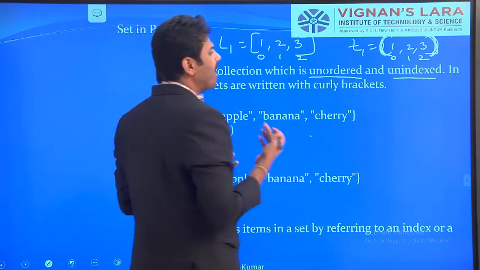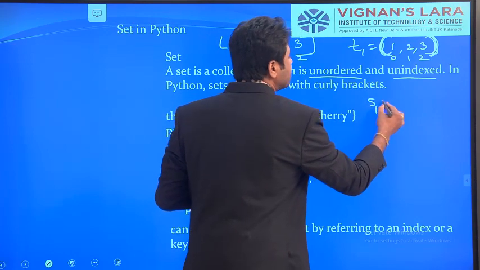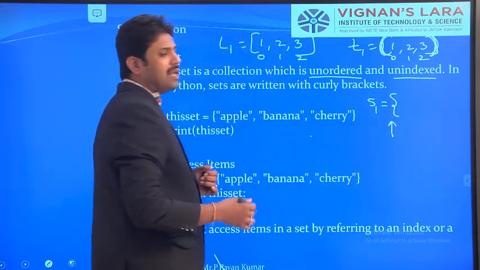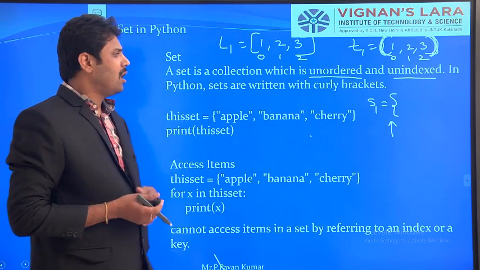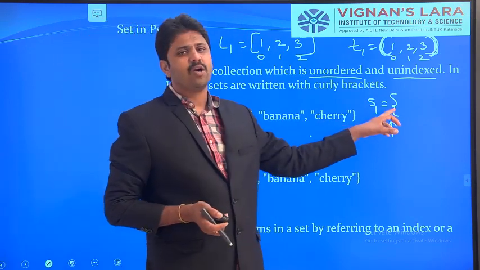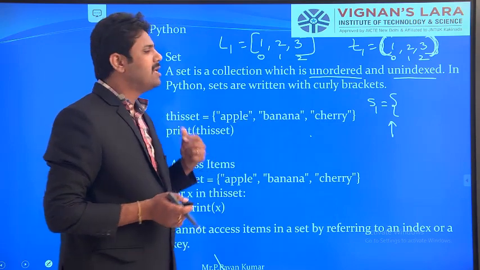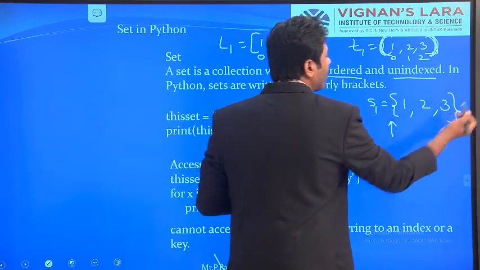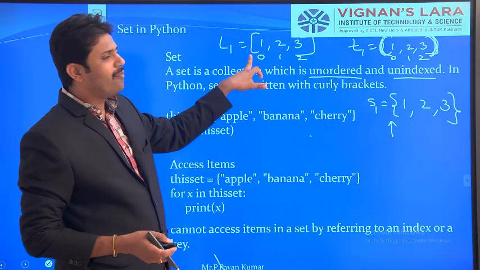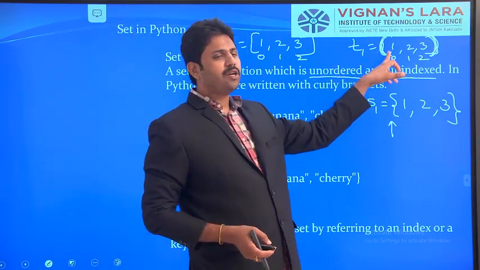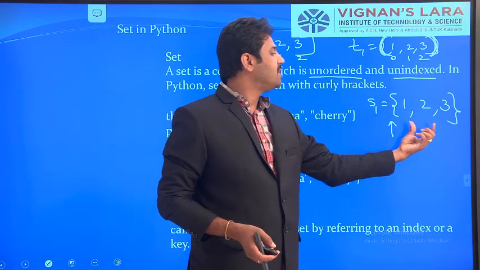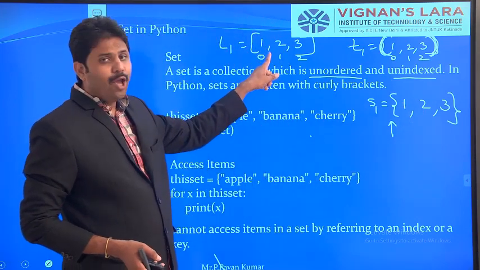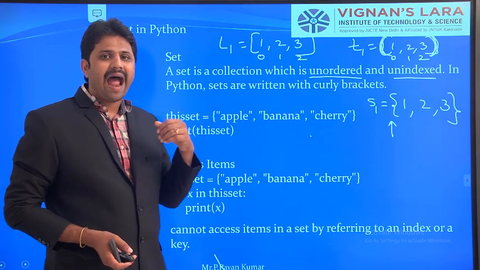How you can represent a set is S1 equals, and curly braces are going to be used to represent a set: S1 of 1, 2, 3. This is the representation of a list, this is the representation of a tuple, and this is the representation of a set. In a list you can change values, you can add, you can delete.